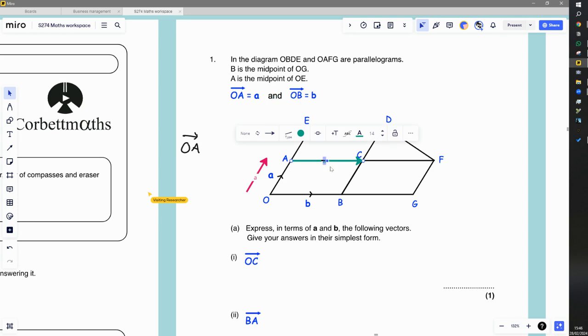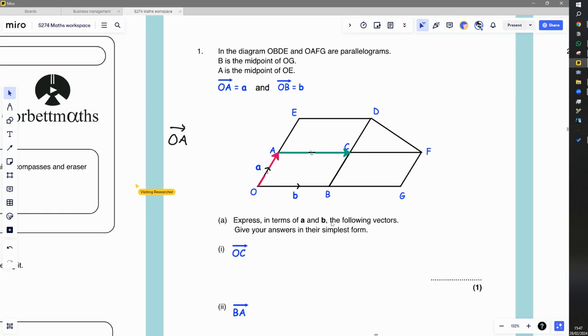That's B. You can see that I can get from O to C by using A and then using B. The answer is A plus B. Now, mathematically, that should be the same as B plus A. And if we look diagrammatically, we can see that it is. If I did B first, followed by A, I would still get to C. So it doesn't really matter how you do this.